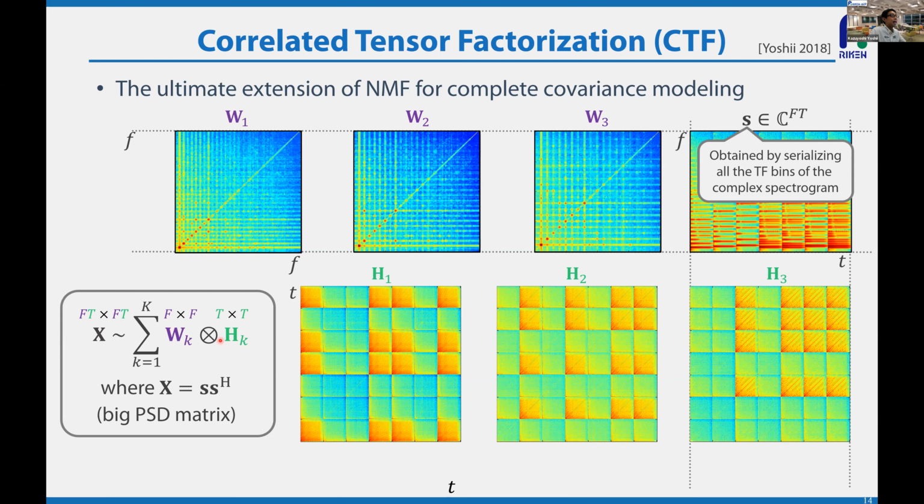Using this P, you can transform this observed mixture into another domain. So this is PS. In the same way, if you have some transform matrix Q, which is a T by T matrix, by calculating the product between Q and S, you can transform this observed mixture into another domain.